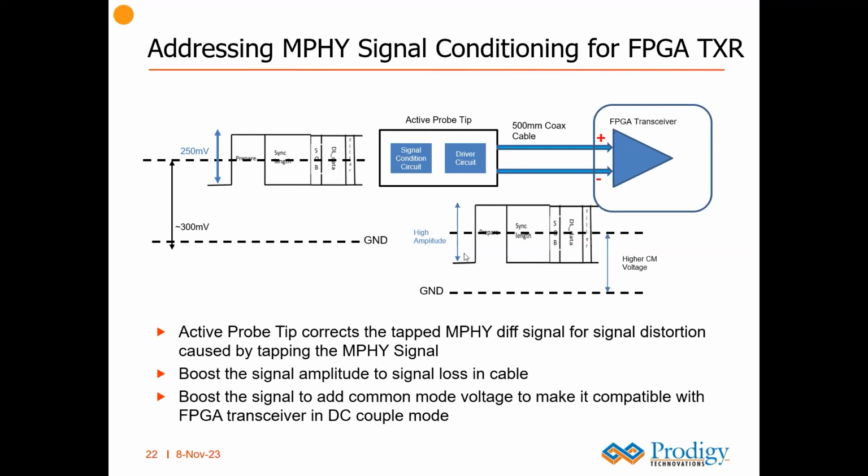This active circuit drives the signal amplitude to almost around 600 millivolts so that whatever losses happen in the cable will not impact so much at the transceiver end. It also adds common mode voltage so that it is compatible with the FPGA transceiver. This is how we address the first point, having an active probe tip right at the probing location.